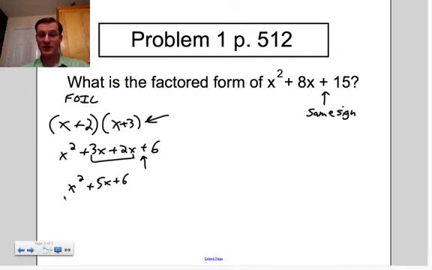So when we go from the trinomial back to two multiplied binomials, based on that constant sign, this positive on the third term, they have the same sign. It also means that I add the factors.